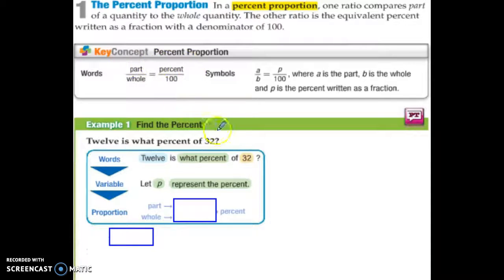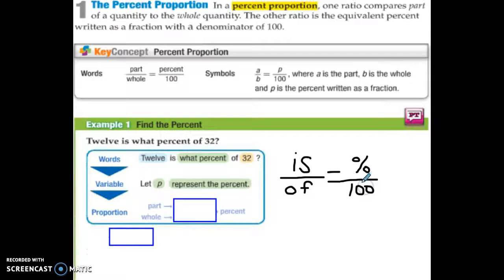It doesn't always work because they kind of rephrase it, but 90% of the time they phrase the questions this way. And the key is the proportion that I write is: is over of equals your percent over 100. Just like that.